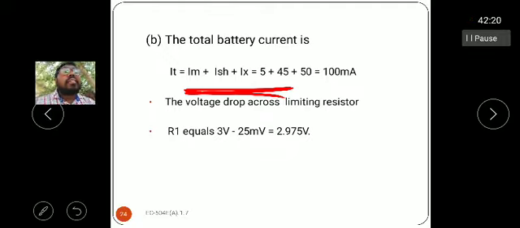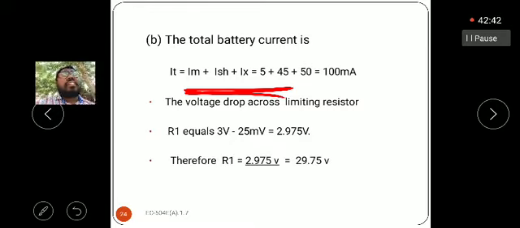Here the voltage drop across the limiting resistor R1 is equal to the battery voltage, which they are giving as 3 volts, minus the 25 millivolts. Then 3 minus 25 millivolts is equal to 2.975 volts. Therefore, the R1 value is the voltage drop across R1, 2.975 volts, divided by the current passing through R1, 100 milliamps.